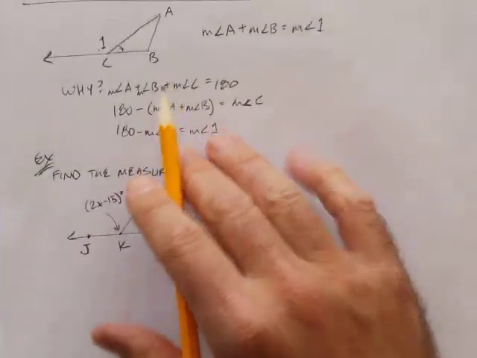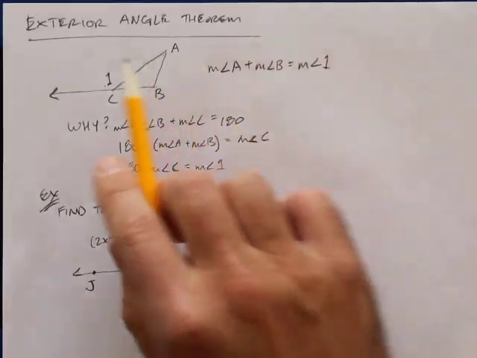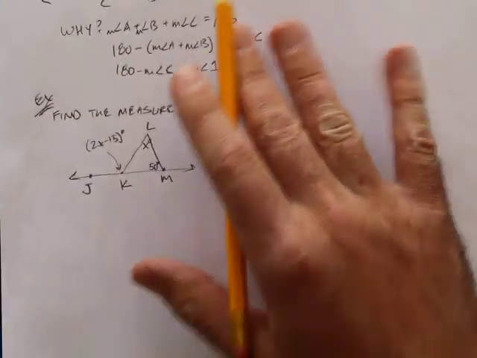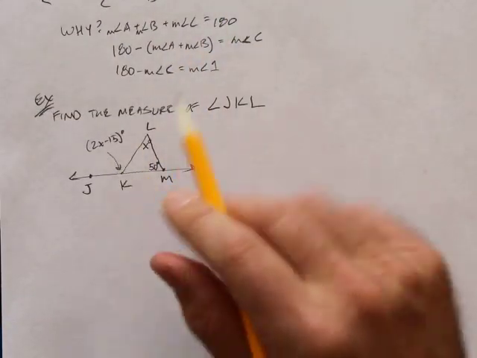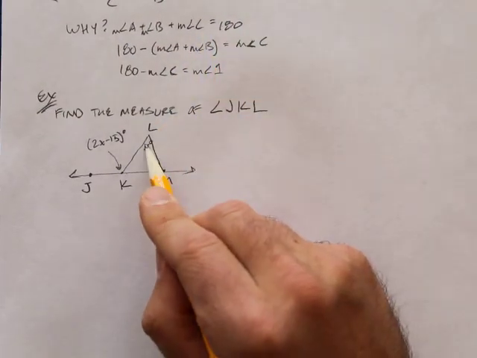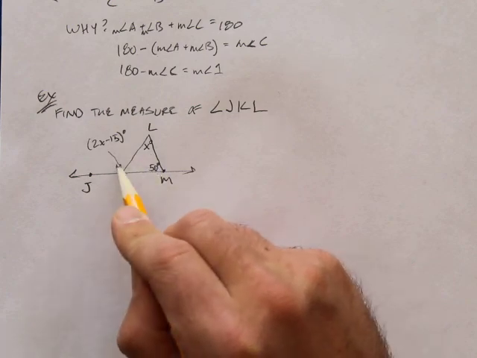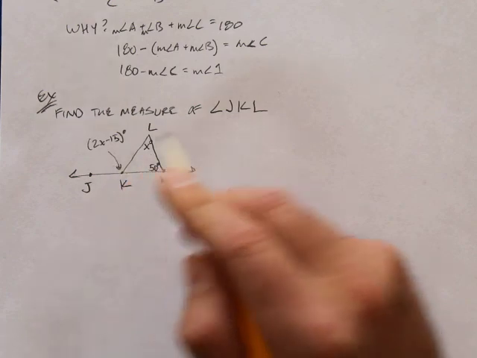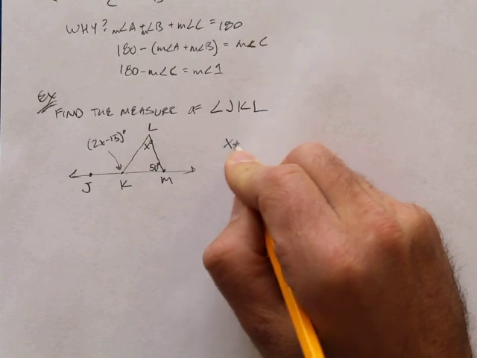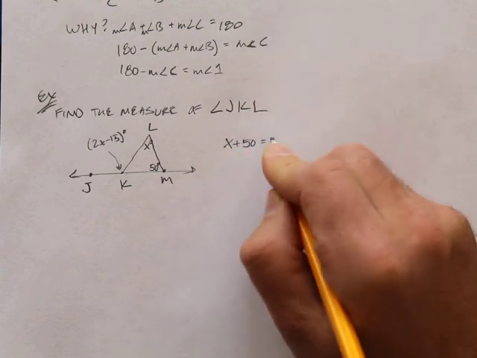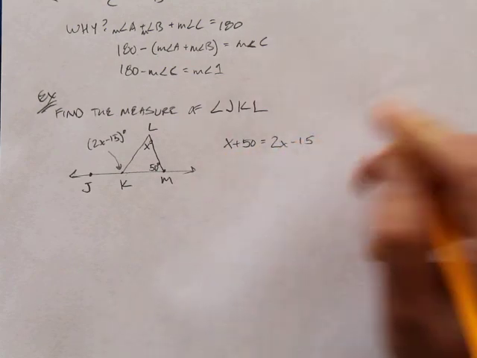Now, let's use the exterior angle theorem to find this measure. We just learned that this one plus this one equals this one. So all we do is say x plus 50 equals 2x minus 15.